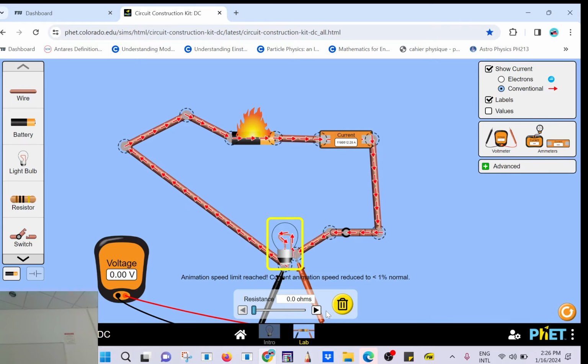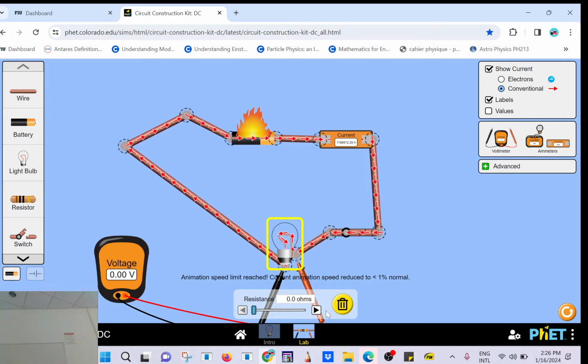About 1.5 plus 1.5 plus 1.5. That's going to be 4.5 volts. So 4.5 joules per coulomb. So the positive charge is going to flow and deliver the energy in the light bulb here.